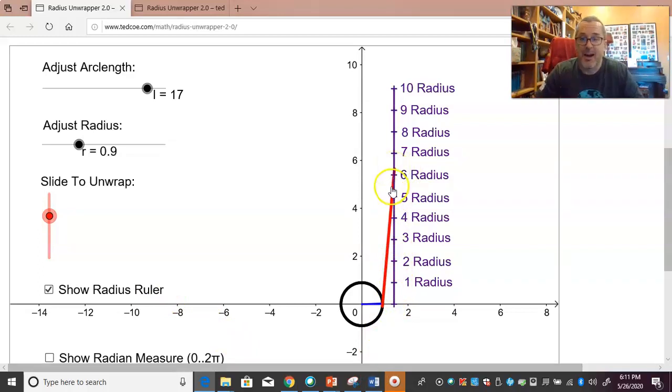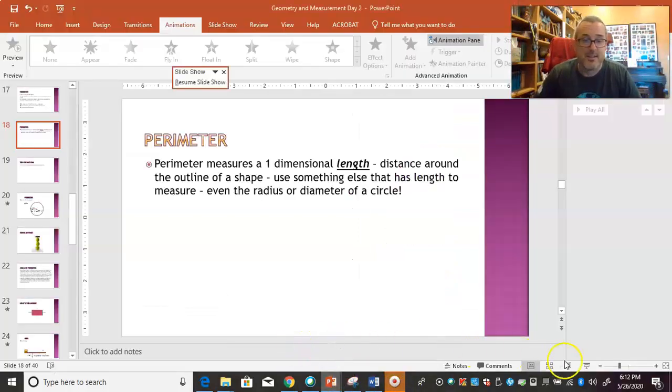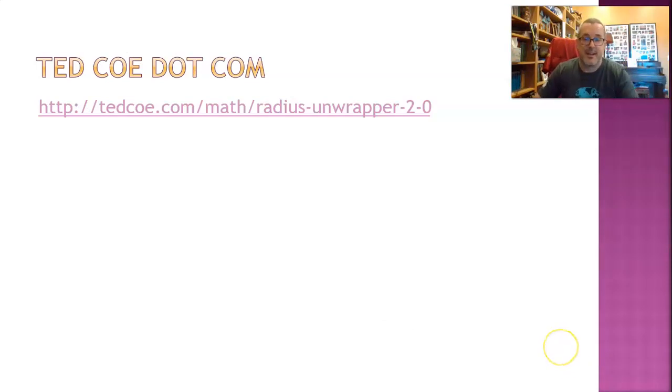There are 2 pi copies of a radius in a circumference of any circle, because there's that proportionality there. Small circles have small radius, still 6.28 copies. Big circles have big radiuses, 6.28 of them as well. It's always 6.28, 2 pi copies of a radius. So that's the idea that we've been exploring.